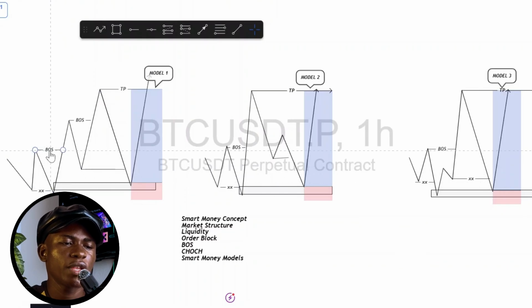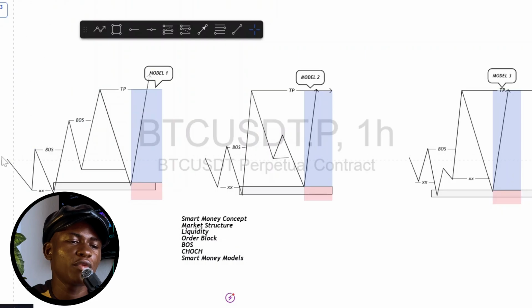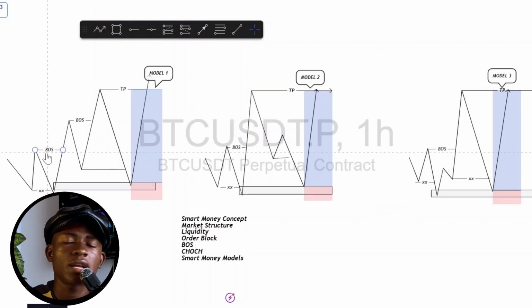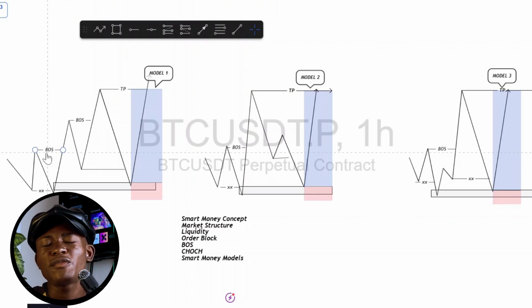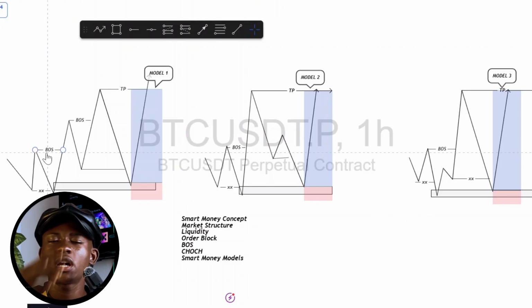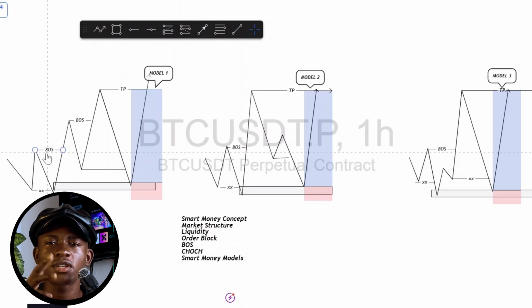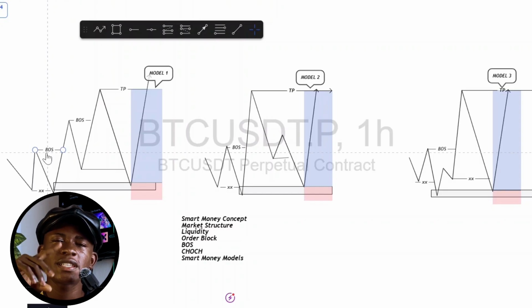This was supposed to be a change of character here because the market was falling, and then we had a sweep of liquidity. So I always say my first break of structure is my change of character. It's very simple because the market was in a downtrend all through, and then it changed direction and started making higher highs, higher lows. That first higher high you made was supposed to be your change of character.